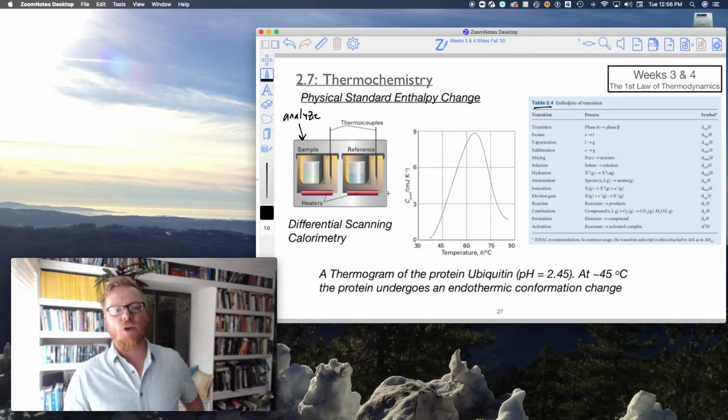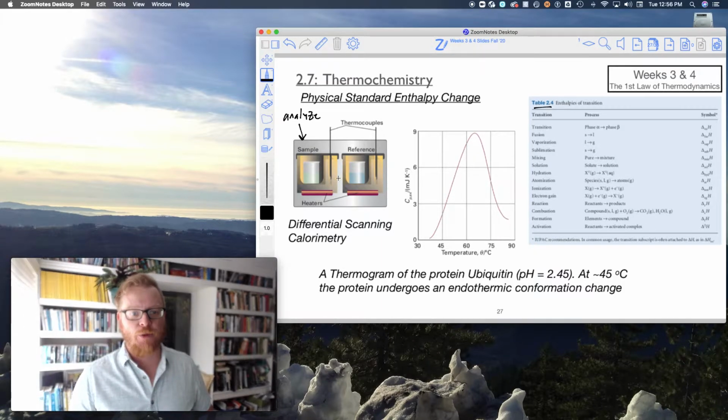So what you do, you have thermocouples, which is a digital thermometer. We'll talk about thermocouples as we go, probably more as we get to the end of the semester, and we spend a lot of time making and doing thermocouples in PChem lab. Hopefully we'll be able to do something like that.